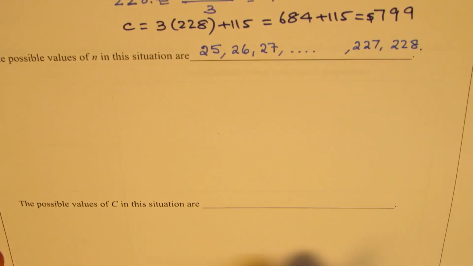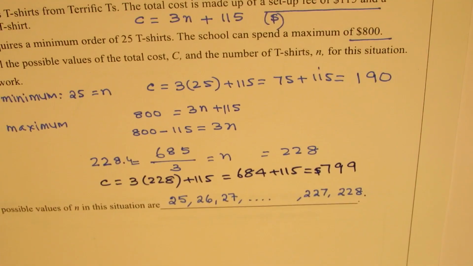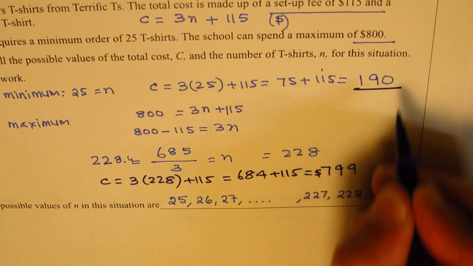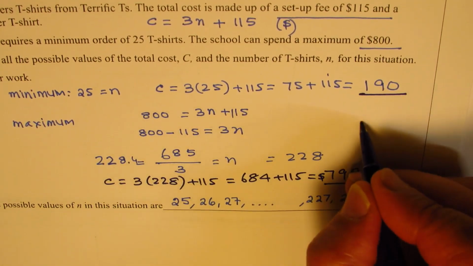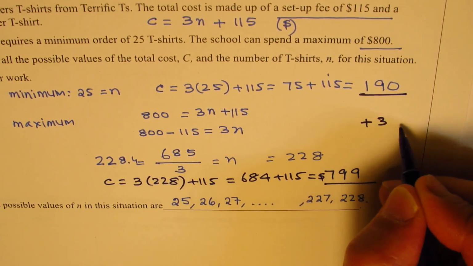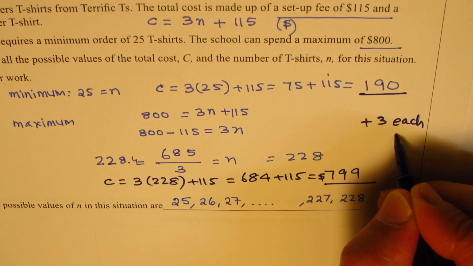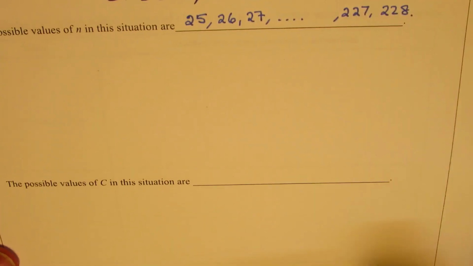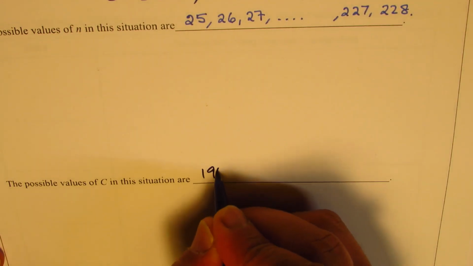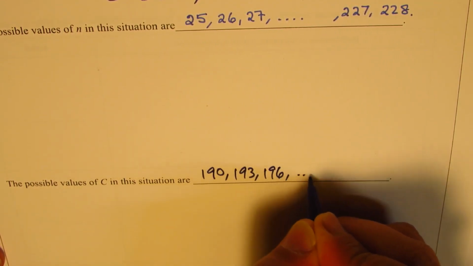So here, for possible costs in dollars, we know that the minimum cost is 190, right? And the maximum is 799, and it is increasing by 3 each time, for each n, right? So we can write this cost here as 190, 193, 196, and so on.